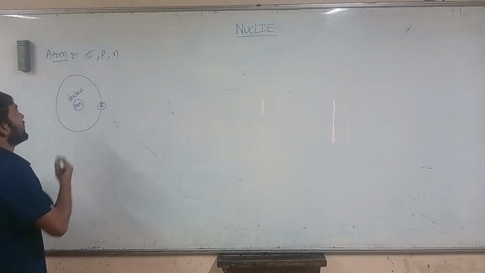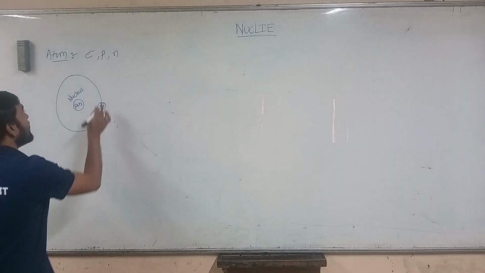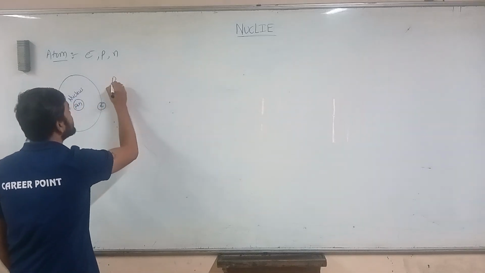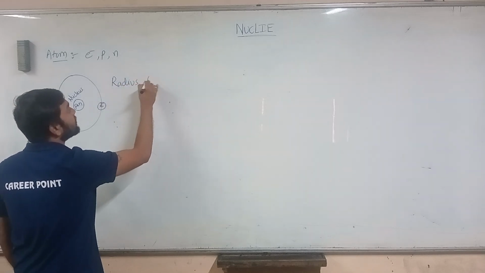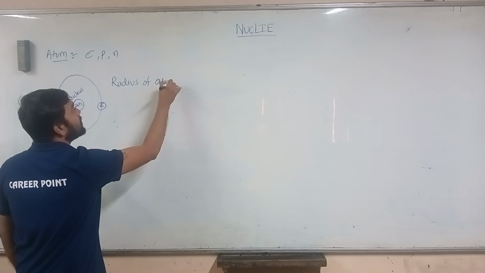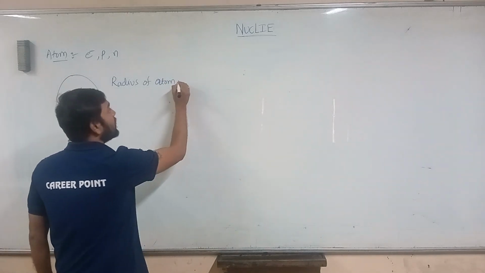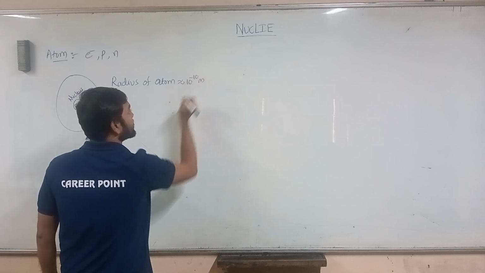So here let us take the radius of the atom. The radius of this atom is about 10 to the power minus 10 meters.